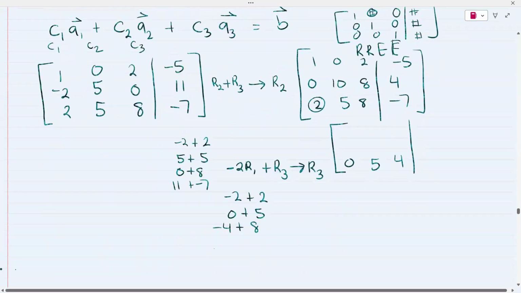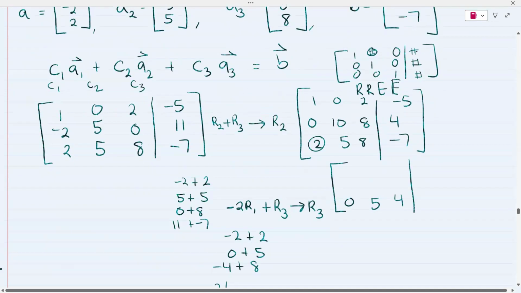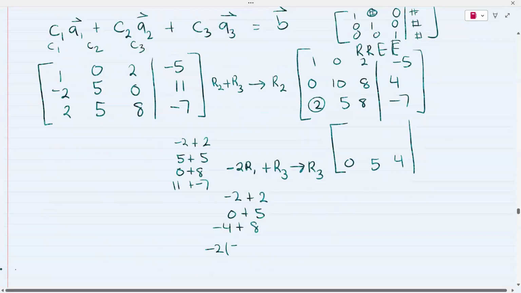And then -2 times -5 is 10, plus the last number in row 3, which is -7, that'd be 3. So row 3 is 0, 5, 4, 3.